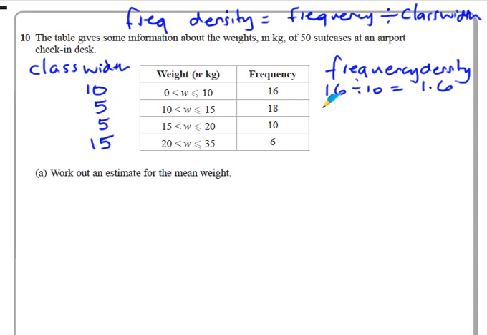For the second class, a frequency of 18 divided by a class width of 5 is 3.6. A frequency of 10 divided by the class width of 5 is 2.0, and then the class width is 15 for the last one. The frequency is 6. 6 divided by 15 is 0.4.